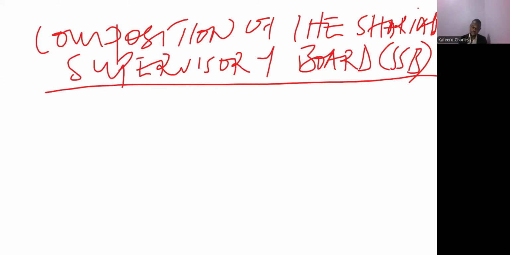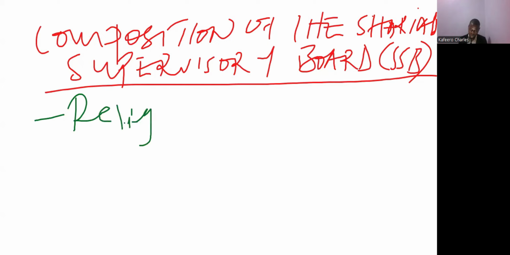Now, the examiner has asked before about the composition of the Sharia Supervisory Board. One of the people that are supposed to be there, we must have religious scholars.